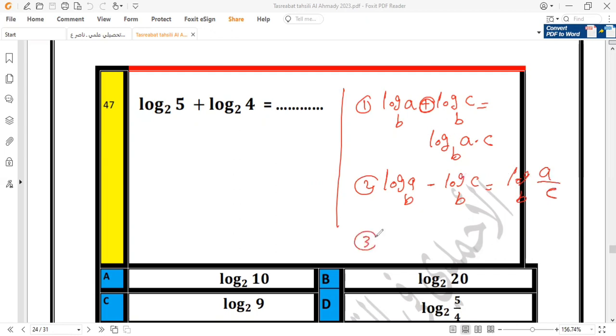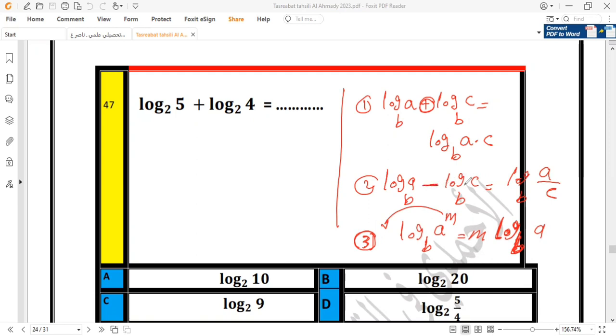And log base b of a to the power m is m log base b of a, the power product.